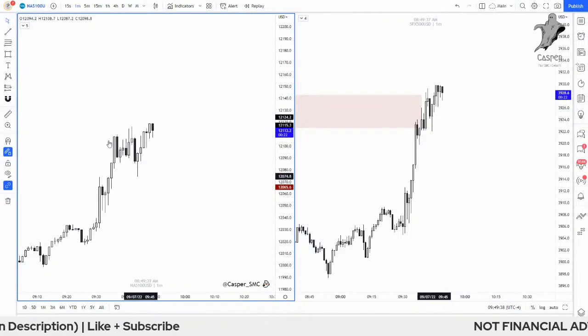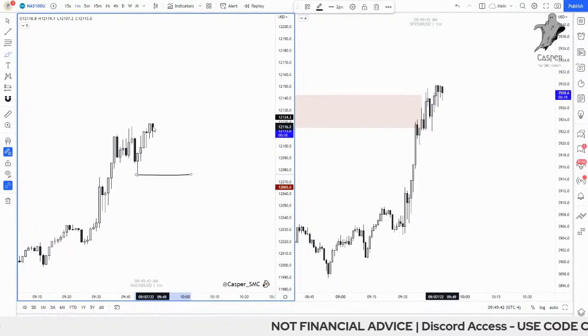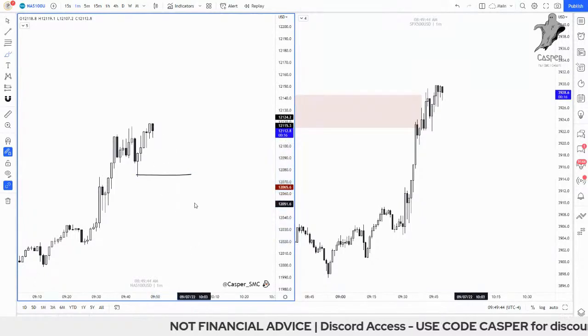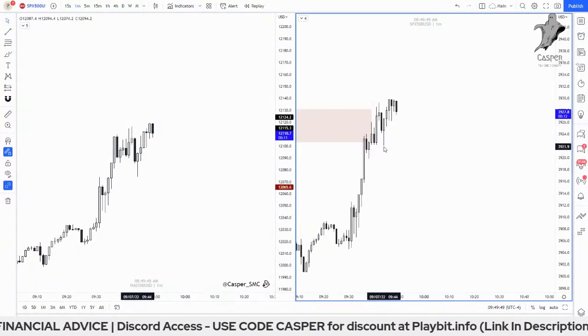Theoretically, I would need something under this low as of right now, a very rapid move. And we haven't got that yet. Similar story for the S&P.